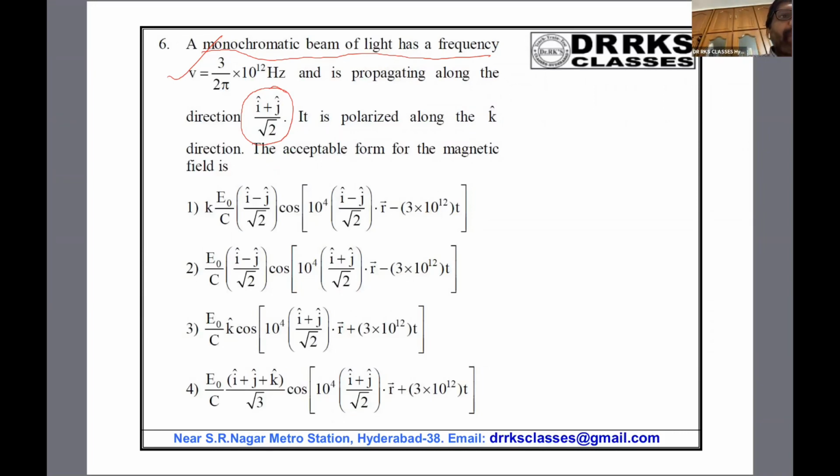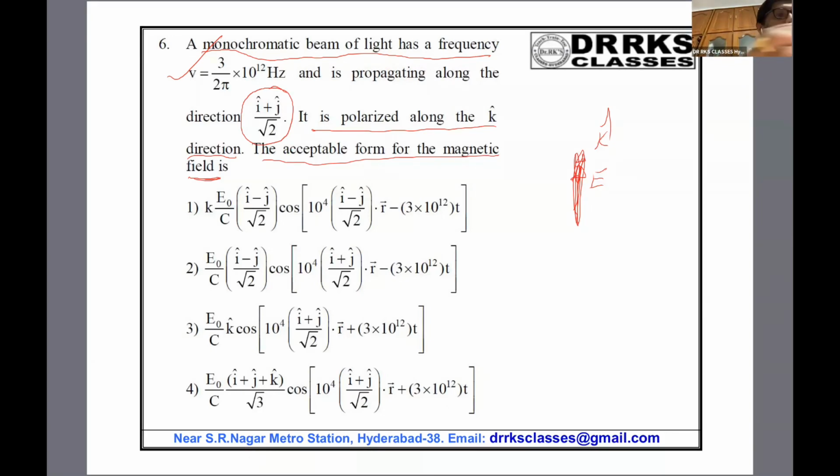It is polarized along the k direction. What do you mean by polarization? It means the electric field vector is always along k. That is the direction of polarization. You have to find the acceptable form of the magnetic field.